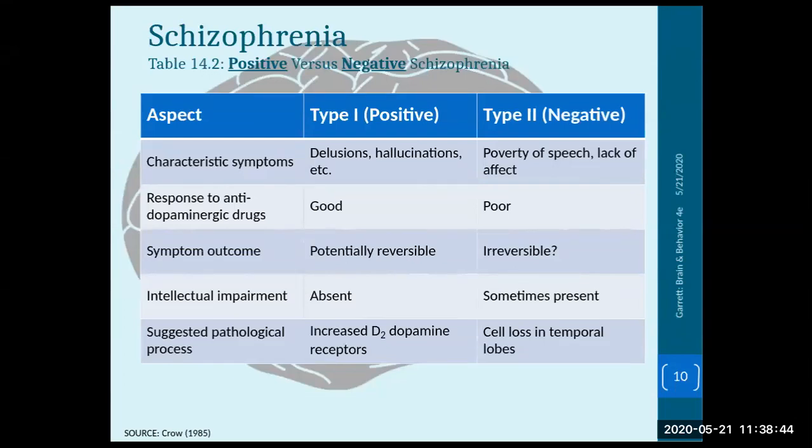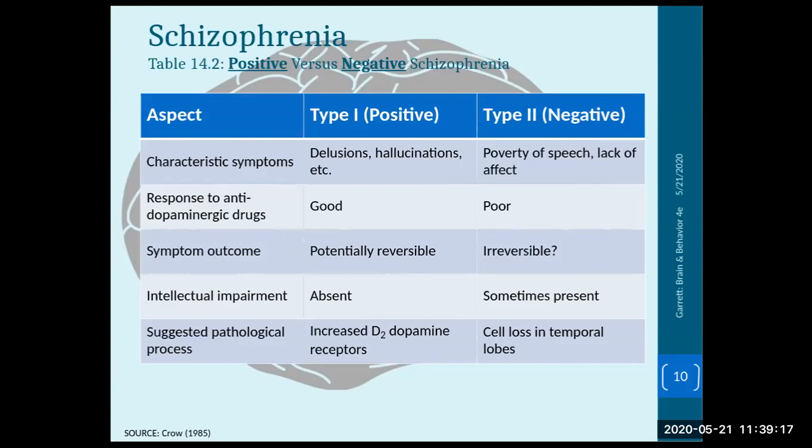So the two main symptoms that people looked at before the cognitive problems, which is a third type, are the positive and negative symptoms. And here is where the problem lies, right? The characteristic symptoms of the type 1 or positive symptoms of schizophrenia are delusions and hallucinations: thinking that you're king or queen of the world, thinking that there are people out to get you, maybe making imaginary friends, hearing voices in your head, right?